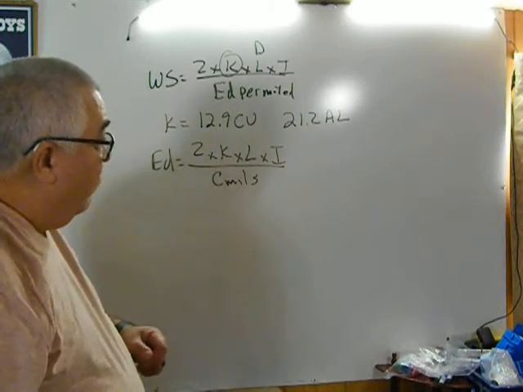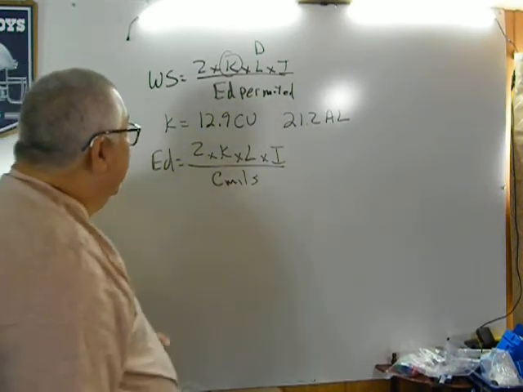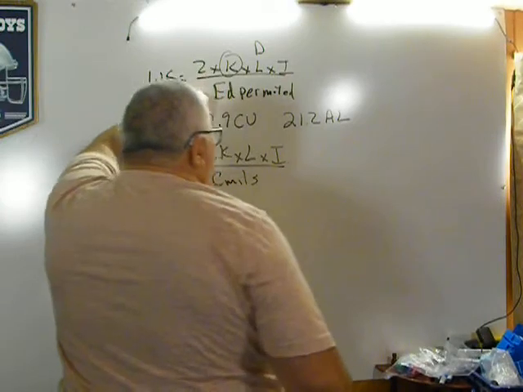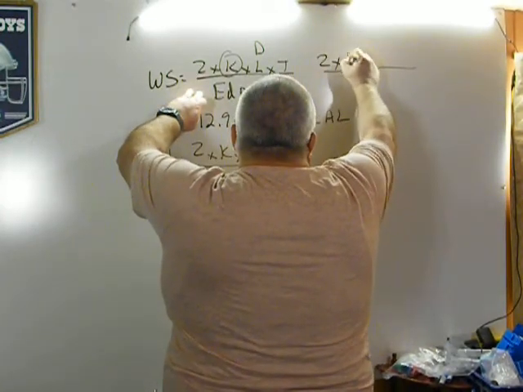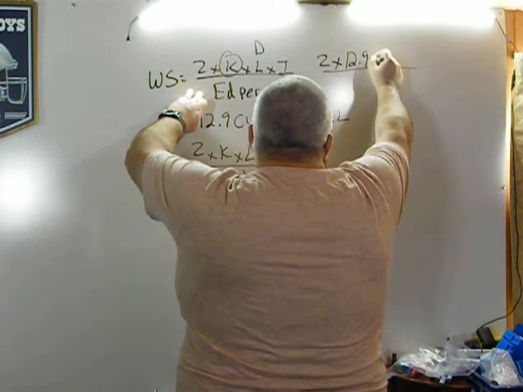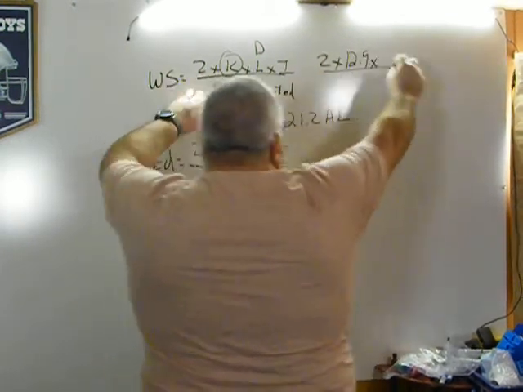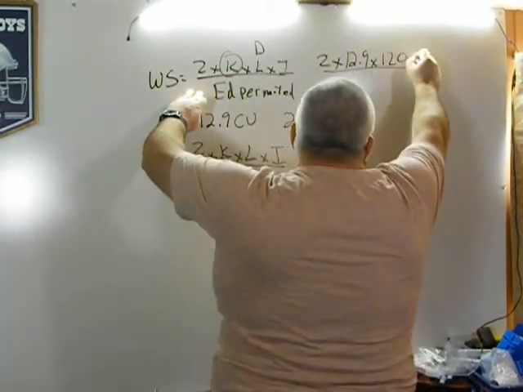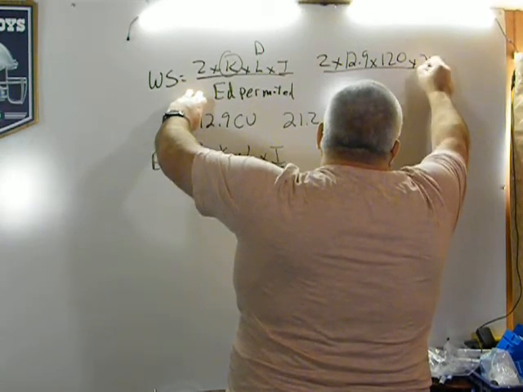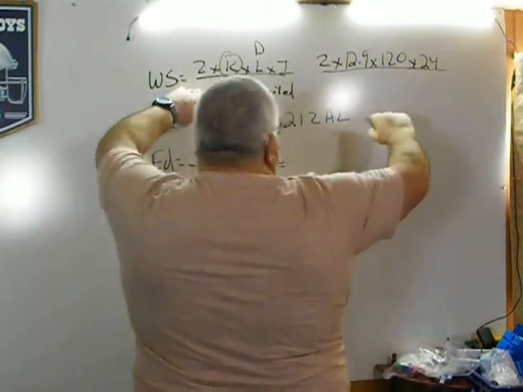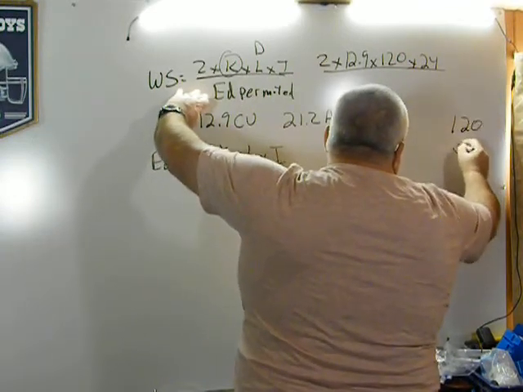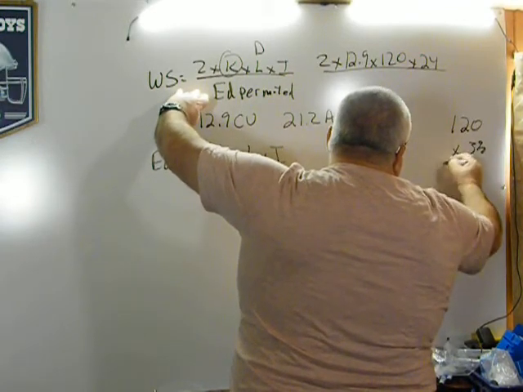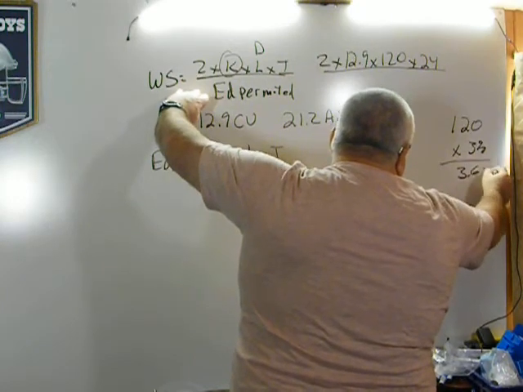So on the last formula, it would be 2 times 12.9 times my distance, which was 120 feet, 24 amps, and my voltage drop permitted, I had 120 volts times 3%, that was 3.6 volts.